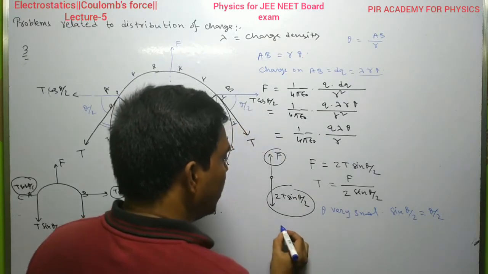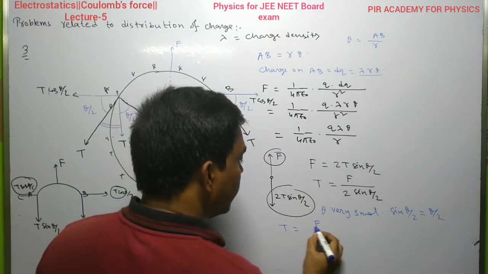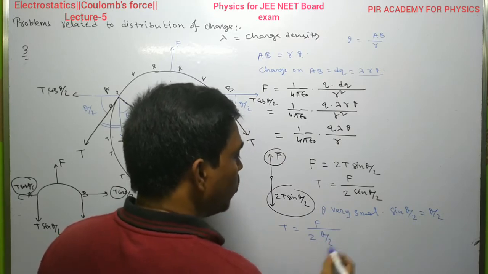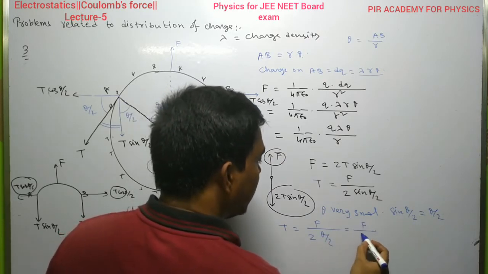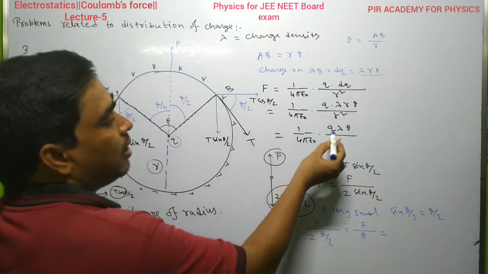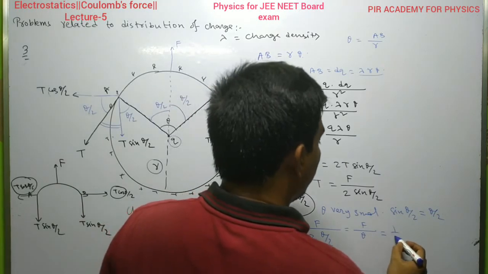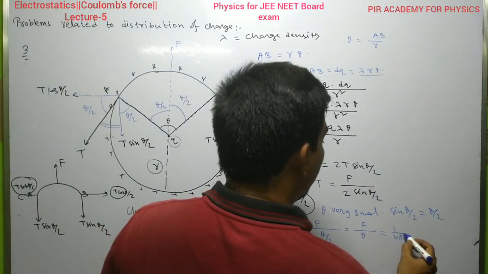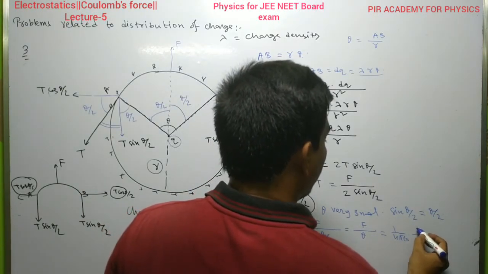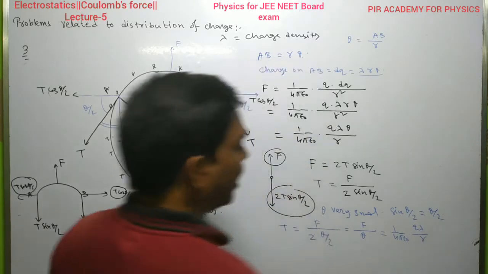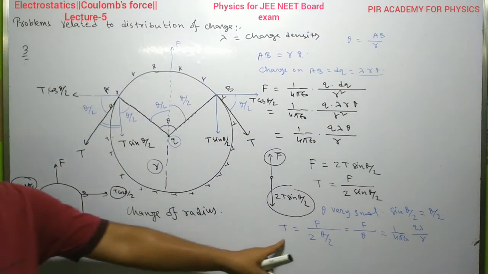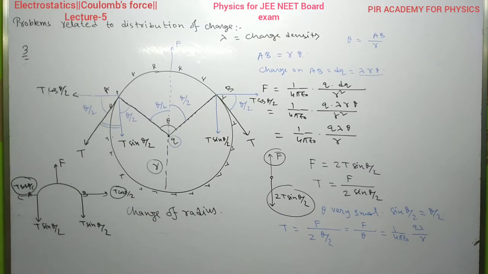So T equals F divided by 2 theta by 2, so it will be F by theta. Here F is 1 by 4 pi epsilon naught into q lambda by r, so theta will cancel out. So what is the tension? Tension will be 1 by 4 pi epsilon naught q lambda by r.